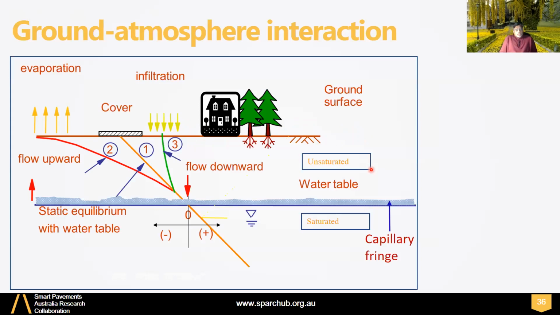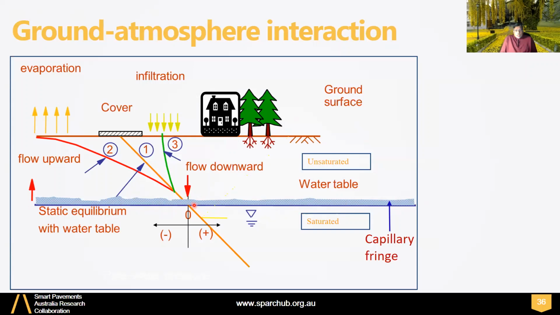So this picture depicts ground-atmosphere interaction. So you can see the ground surface, and then you have at some depth the water table. This is the water table here. And you may have a capillary fringe as well, right? Depending on the soil type.